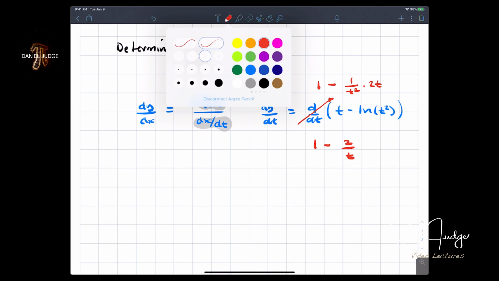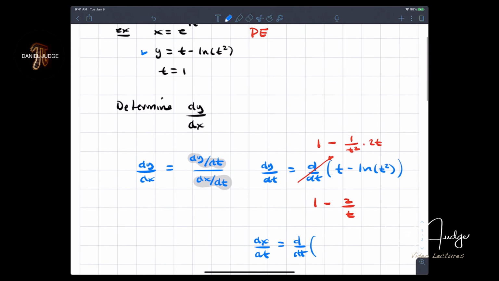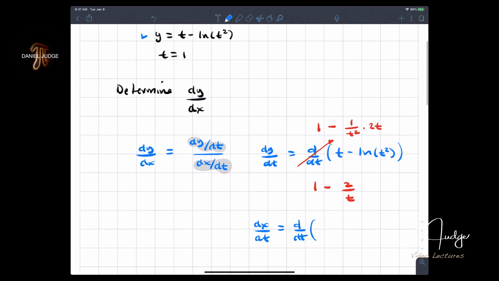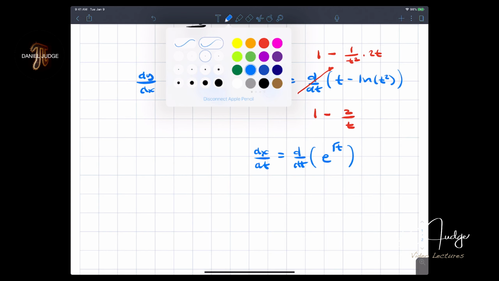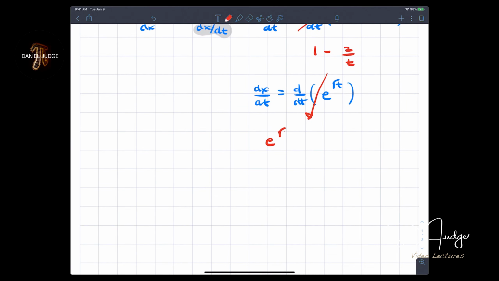We also need dx dt. All right, so you say, okay, how do we get dx dt? Well, dx dt is now the derivative with respect to t of this function, and that's e to the square root of t. Now, this is going to be e to the square root of t times the derivative of that square root of t by chain rule.